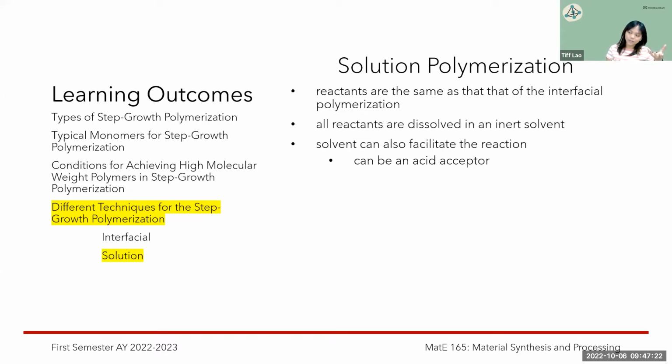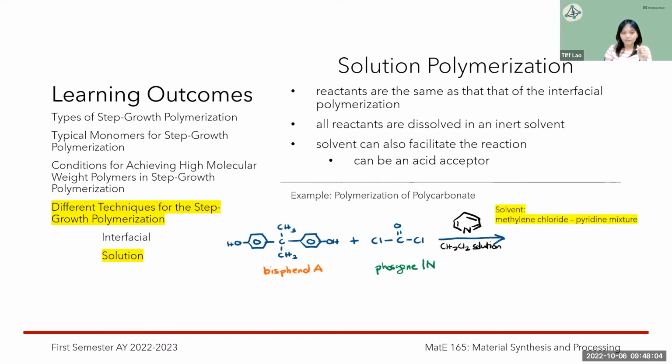If we compare interfacial and solution, interfacial doesn't need a solvent because the reaction depends on the rate of diffusion at the interface of the two phases. Solution polymerization needs a solvent, and most of the time that solvent should be an acid acceptor. Okay?